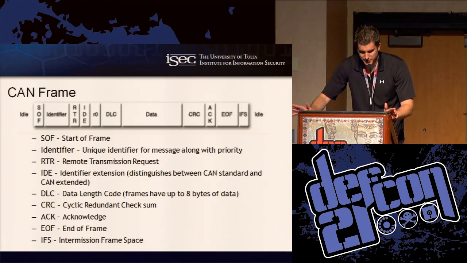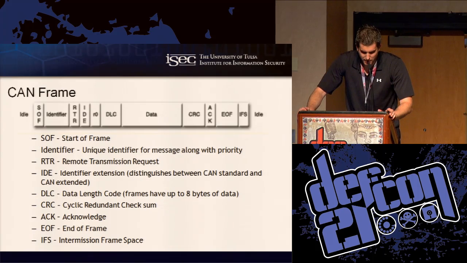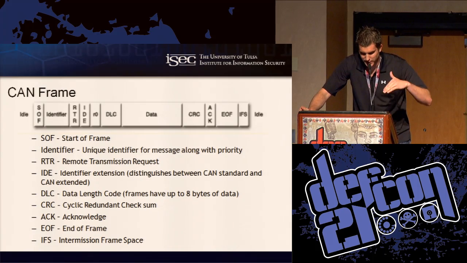If two nodes attempt to transmit at the same time, obviously causing a collision, the way it handles arbitration is based on the identifier, the message ID itself. A node trying to transmit a message with a lower message ID has higher precedence than another node trying to transmit a message with a higher message ID.